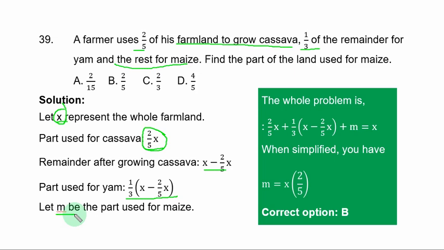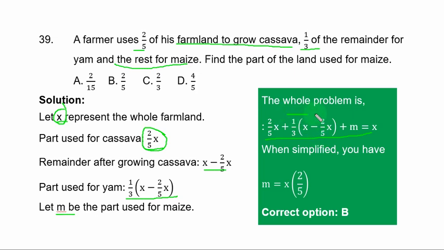So if you add everything together, the part used for cassava, the part used for yam, and the part used for maize, everything equal to the farmland, and that is what you have here. So you open the bracket.